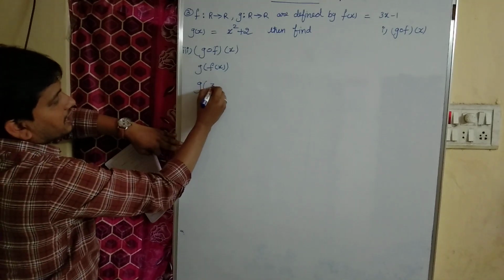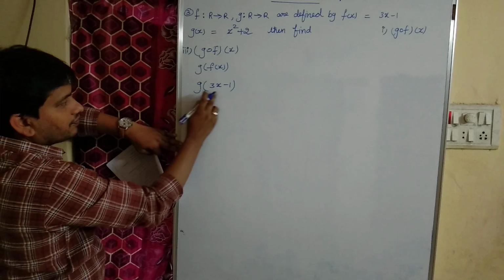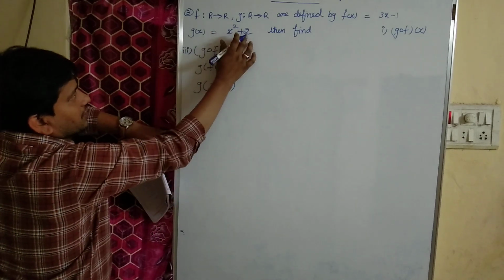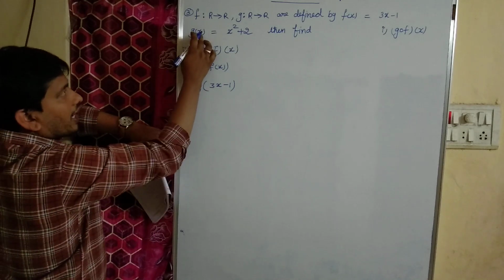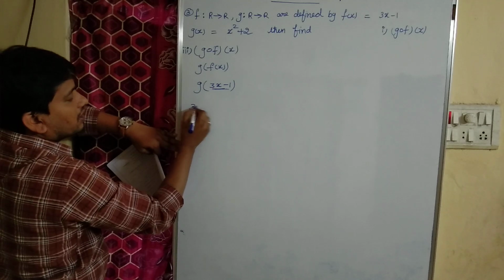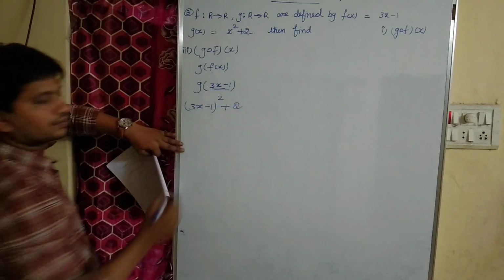Given f of x value is 3x minus 1. Now which is in the form of g of x? g of x value is x square plus 2. Wherever x you have, in place of x we have to substitute 3x minus 1. I mean 3x minus 1 whole square plus 2.